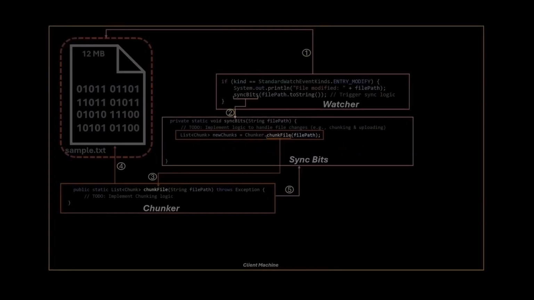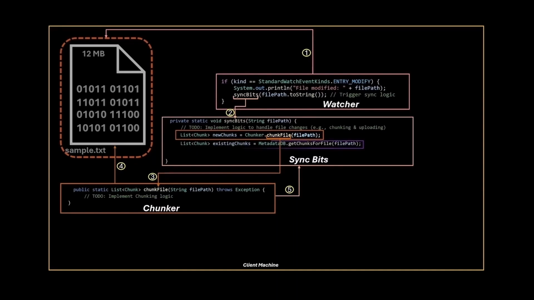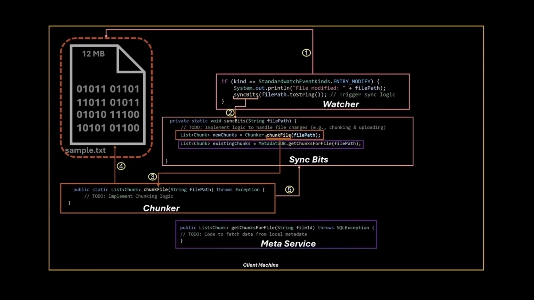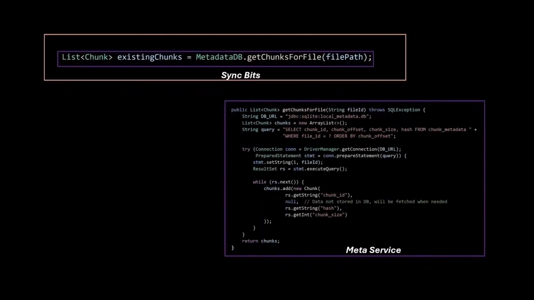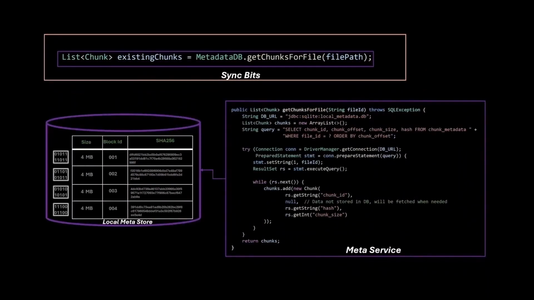Now let's move on and discuss fetching the local existing metadata of that particular file where the change has been detected. The sync bit service will further talk to the meta service and call this get chunk for file method, and the meta service will get that file path, and maybe the file ID or the file name. There's a typo, so please make changes as per your convenience, right? Further, the sync bit service will make a call to get chunk for file, and the meta service will connect to the local meta store and fire a query to get the pre-existing chunk details of that particular file.